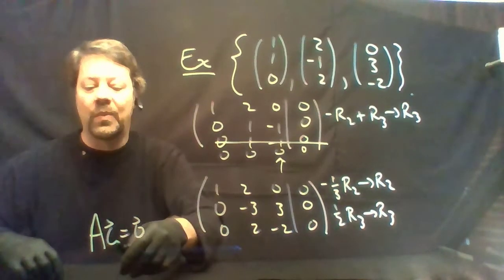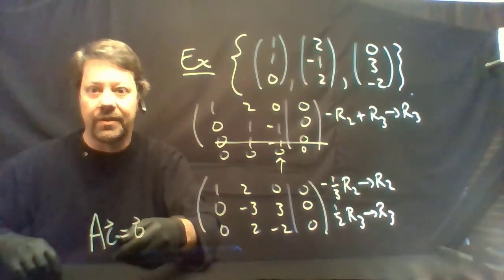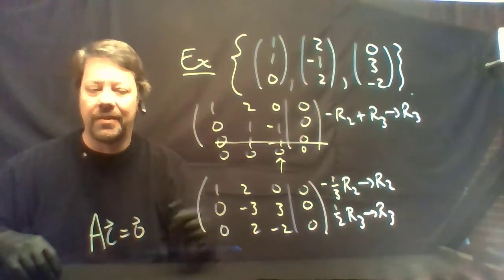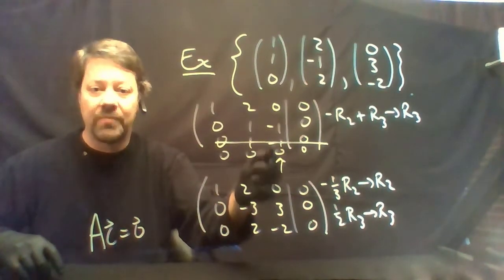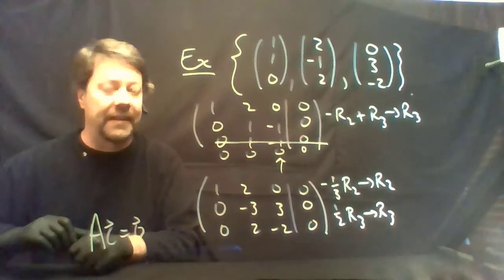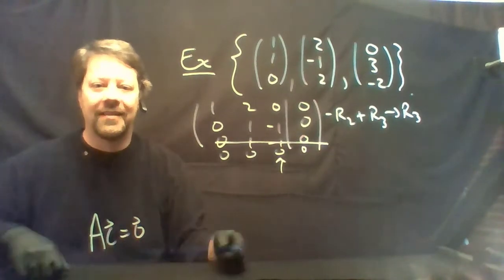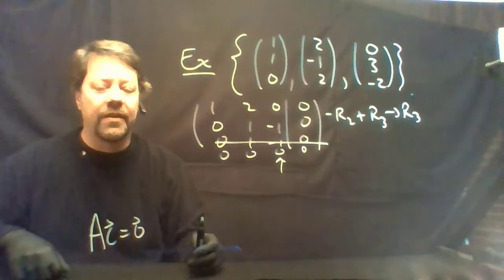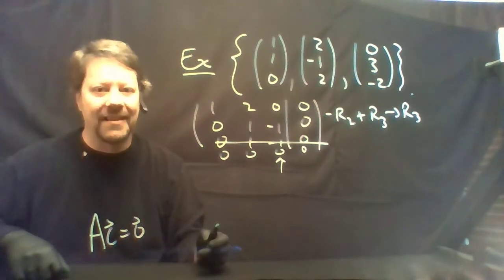There's always at least one solution, the constants all zero. The question is, is there something with constants not all zero? In this case, the answer to that question is yes. We will be able to find infinitely many solutions, as a matter of fact. This situation is characteristic of the case where the vectors are linearly dependent.